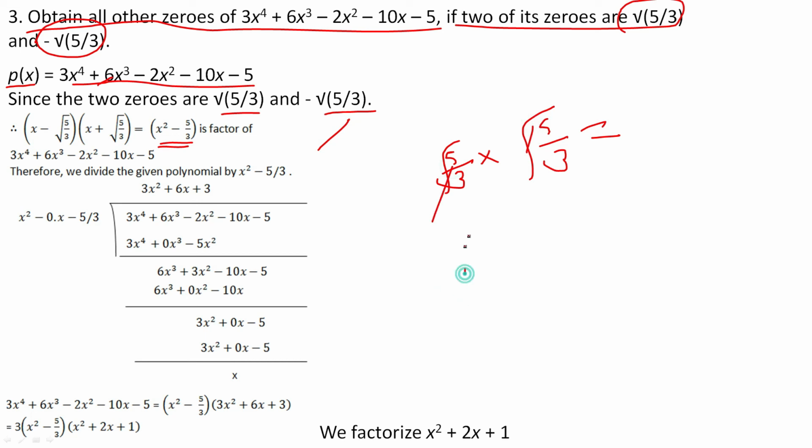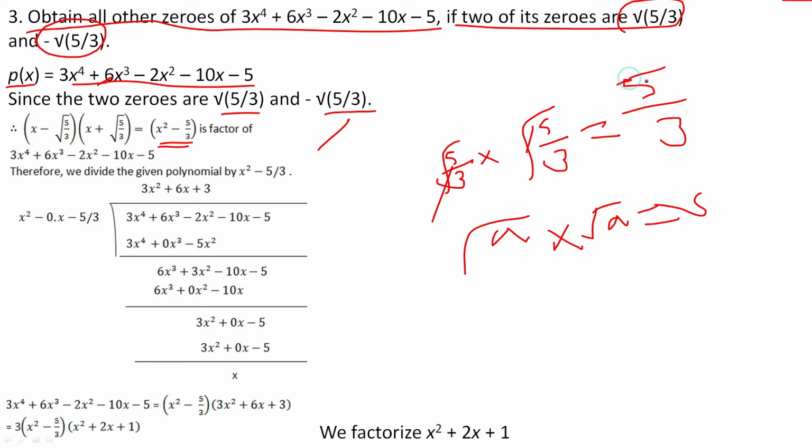So root of a into root of a is a. Like that, root of 5 by 3 into root of 5 by 3 is equal to 5 by 3. That is the identity we are using. It is looking like a plus b, a minus b, so a square minus b square.